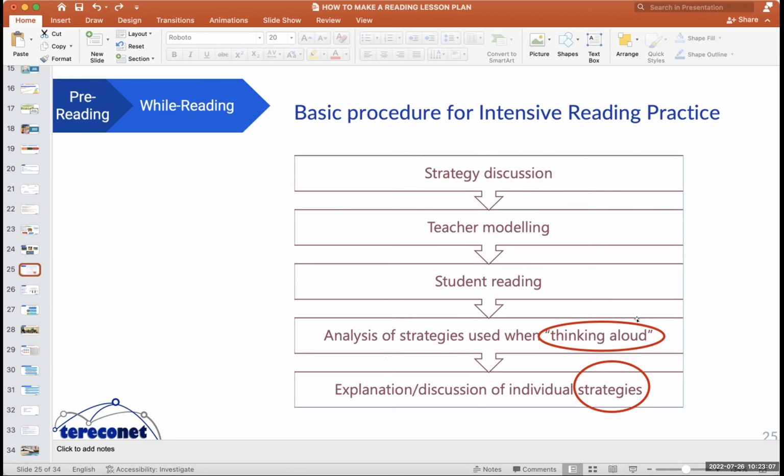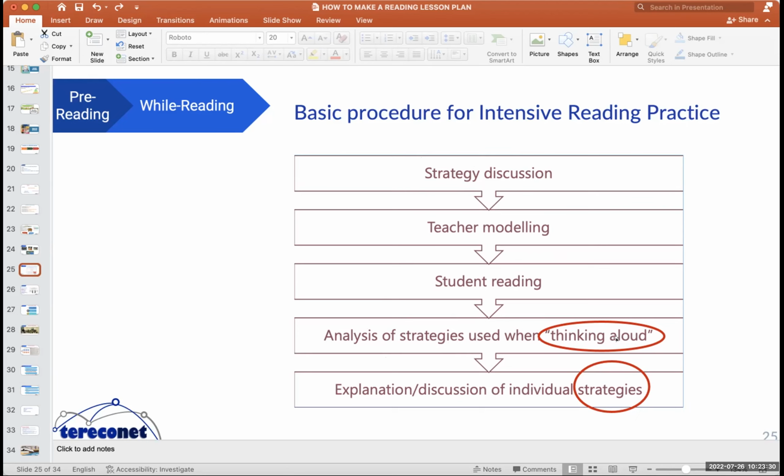And the key word here that I highlight would be thinking aloud, which is like they could verbalize what they have done, what they're thinking in their head, because reading is something we should do with real cognitive attention.